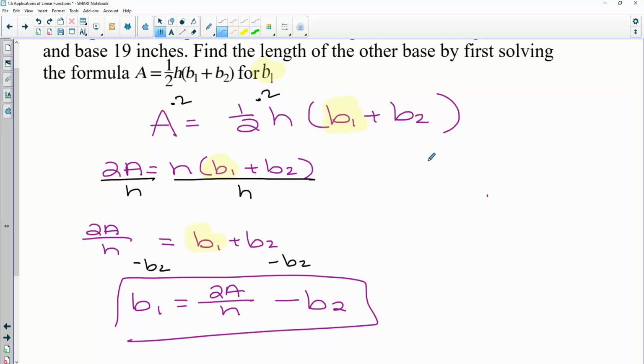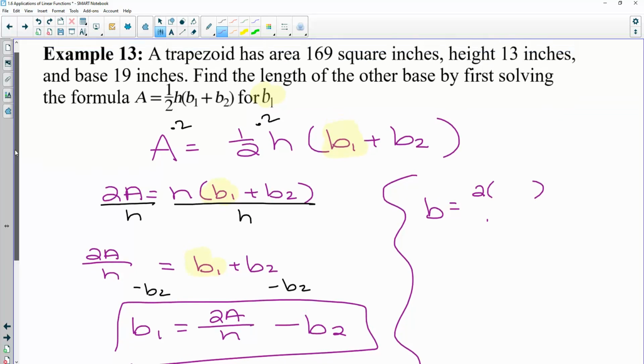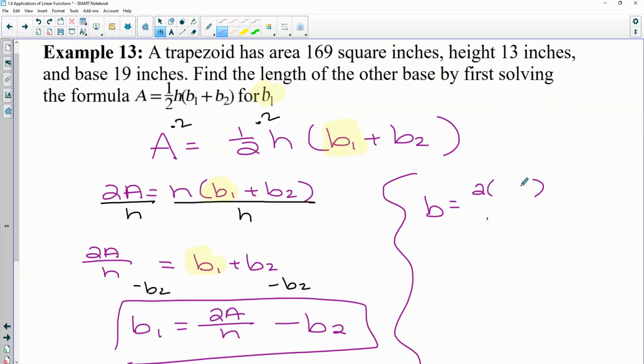That was the first thing we were asked to do. Now we're asked to actually find what b sub 1 is. So in the problem, what did I tell you the area, the A, was? 169. Divided by, what was the H, the height? 13.